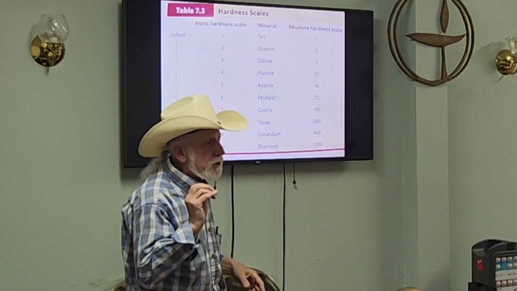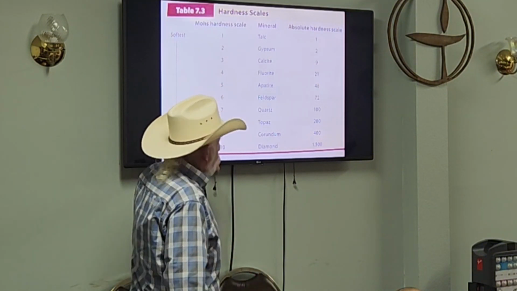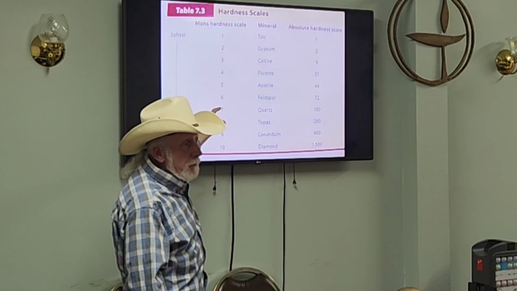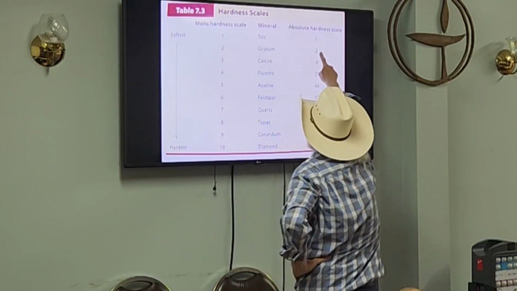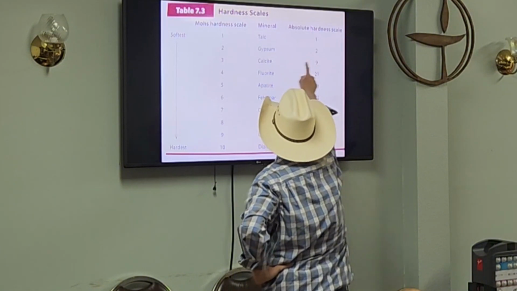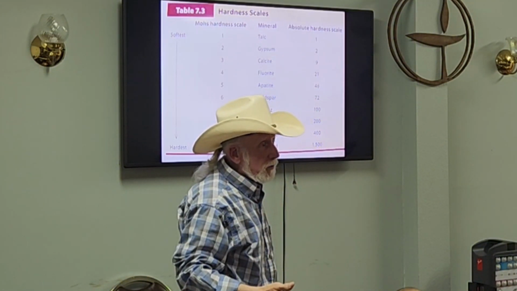Here's the point of information that's important about hardness. You can have a scale that goes from 1 to 10, but they're not really the same space between them. The space between talc and gypsum is 1 unit, but when we go from gypsum to calcite, which is level 3, it's actually 9 times greater, the hardness.